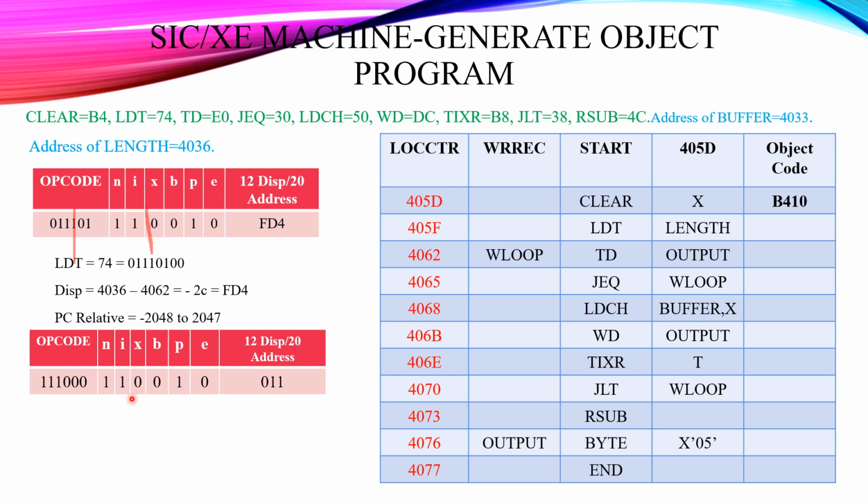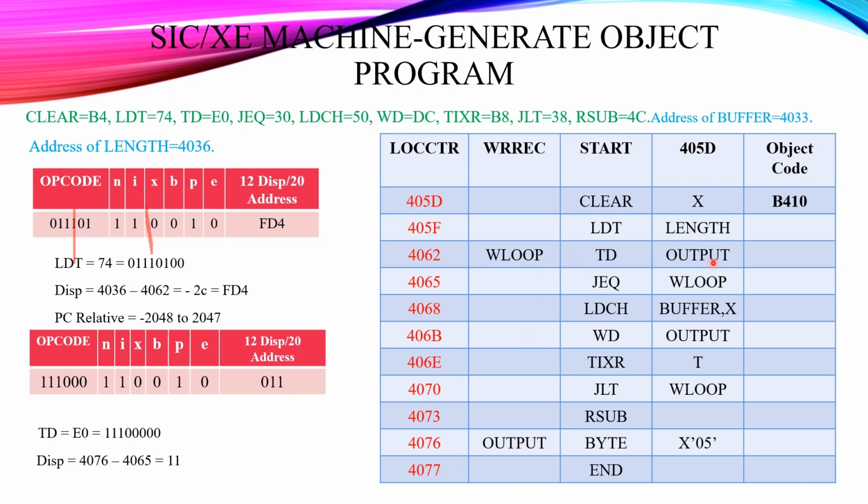It is also a format 3, where the bit representation for E0 is 111000, where it has 6 bits. As we are not using any X, immediate addressing or hash symbol, it will be 11, and the base and P values will be decided based on the displacement. So the displacement is 4076, where output is there.